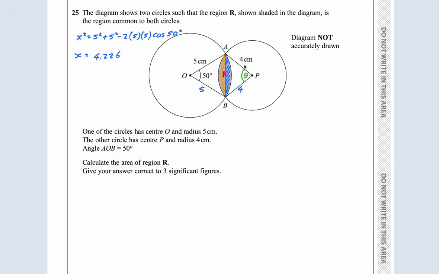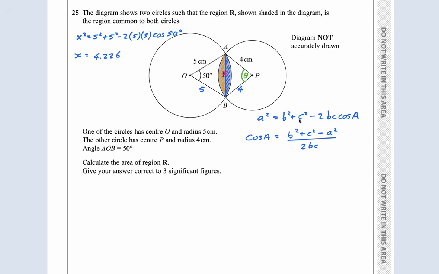So note I have this side x, guys, is 4.226, but to get the angle, I need to use the cosine rule. If the cosine rule is a squared equals b squared plus c squared minus 2 times b times c times cos a, the formula rearranged to get the angle is cos a equals b squared plus c squared minus a squared over 2bc.